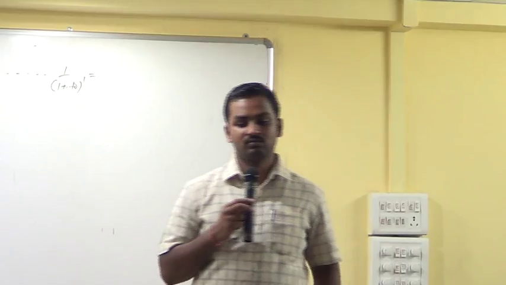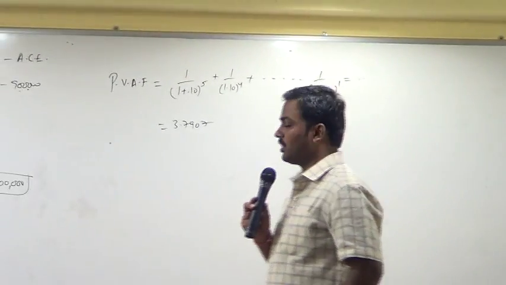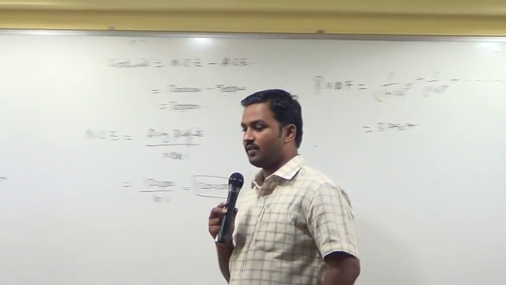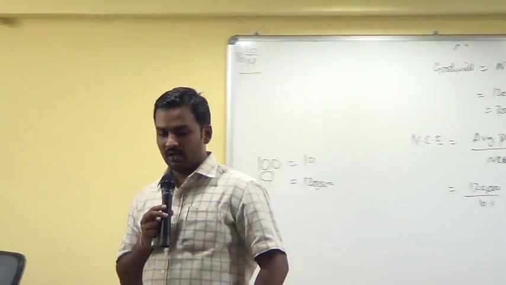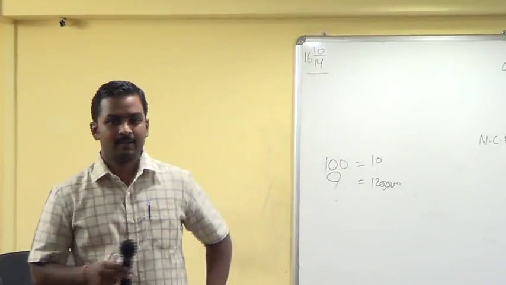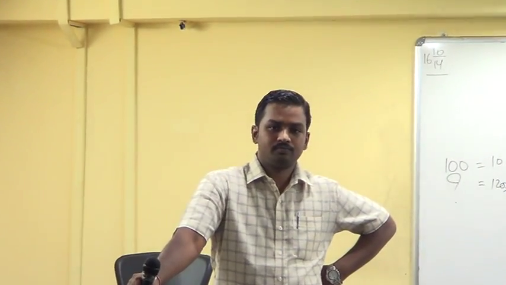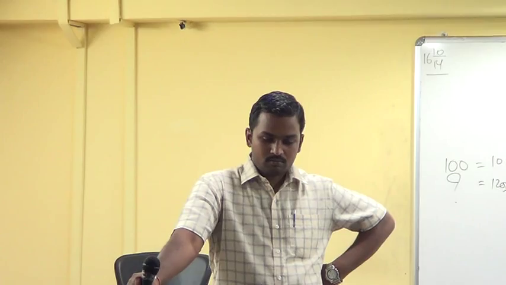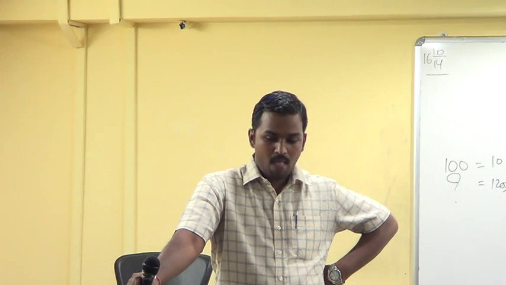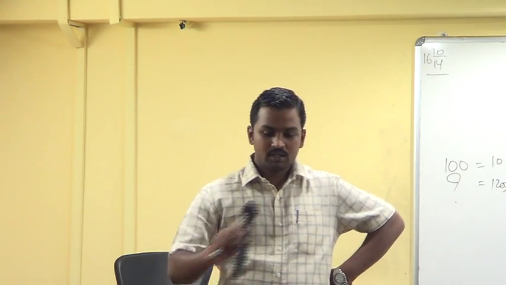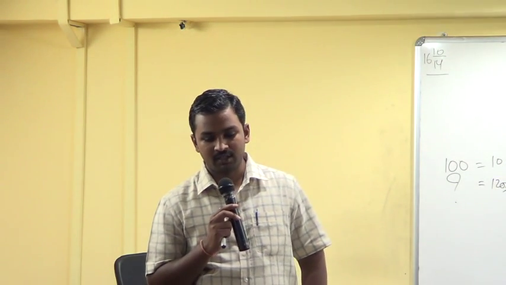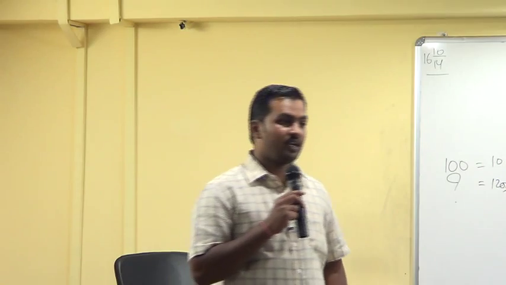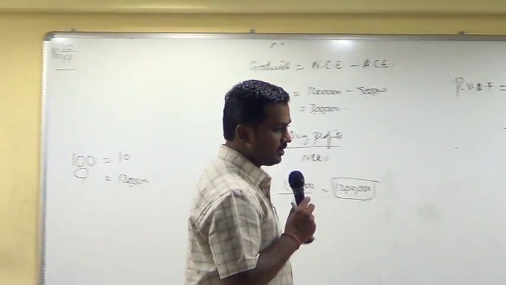How much do you get? That is the value of your goodwill. 30,000 into 3.7907, you'll get 1,13,721 rupees. That is the value of your goodwill.